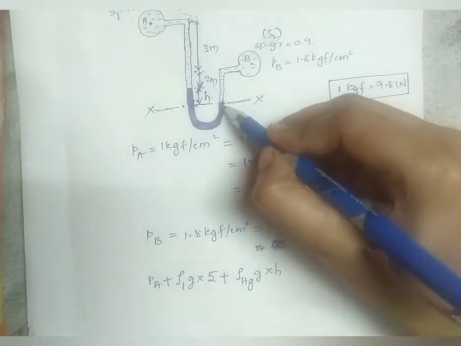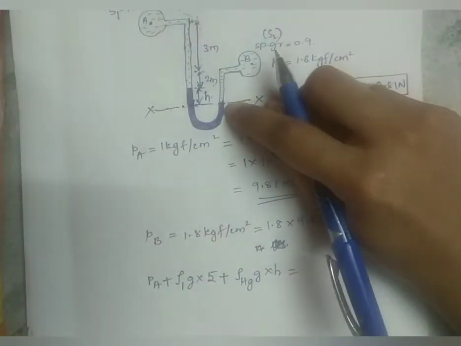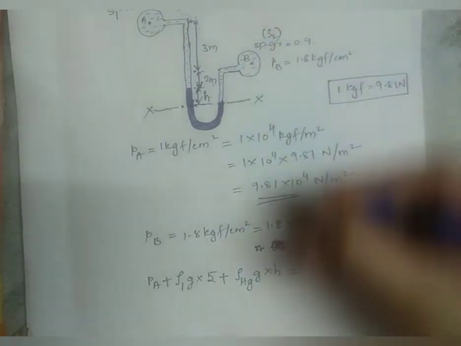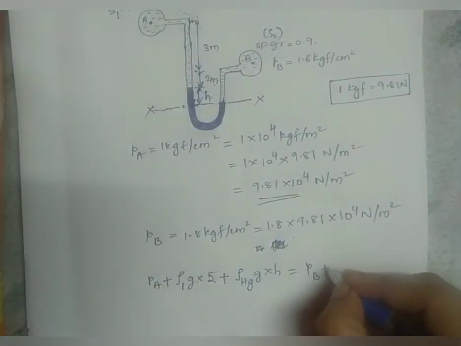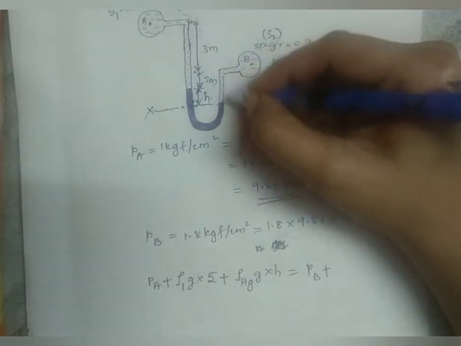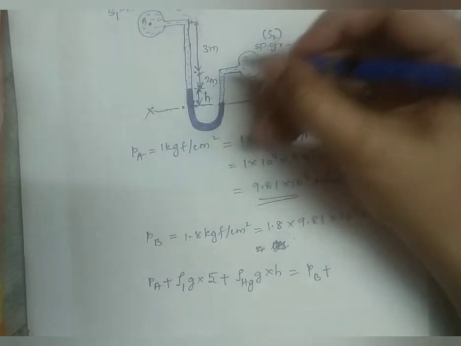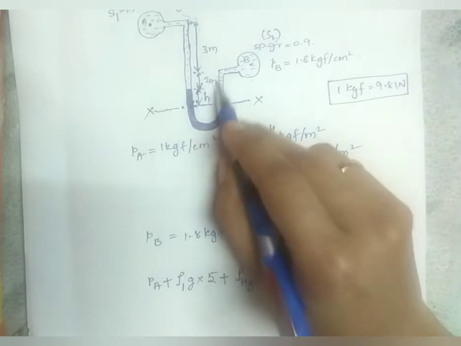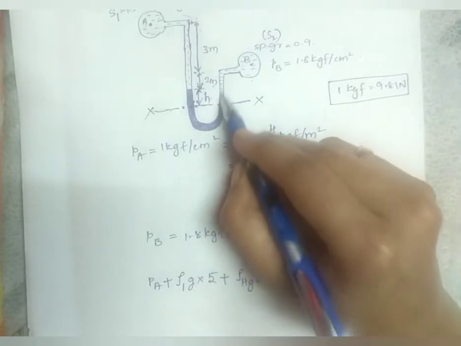Now next I have to equate with the right hand side. That is PB plus the pressure due to this particular column height. How to find that? Here it is 2 meters plus H meters.